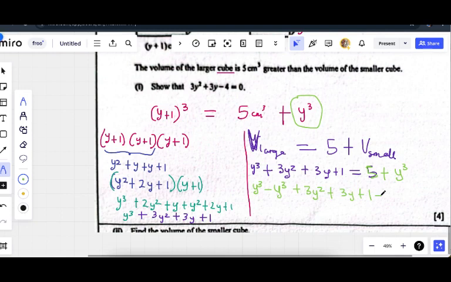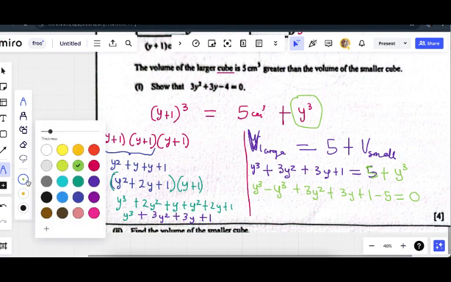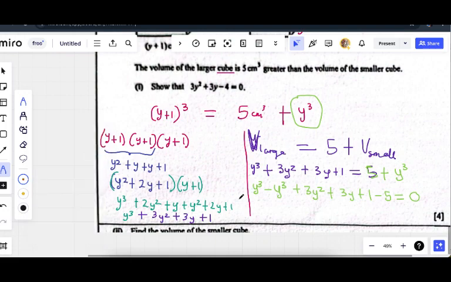It becomes minus when it comes to the left. You say minus 5. Everything now is equal to 0 because you brought everything on the right to the left. So this one cancels this one, because if you have an apple minus an apple equal to 0, they cancel. So what is left is this one.